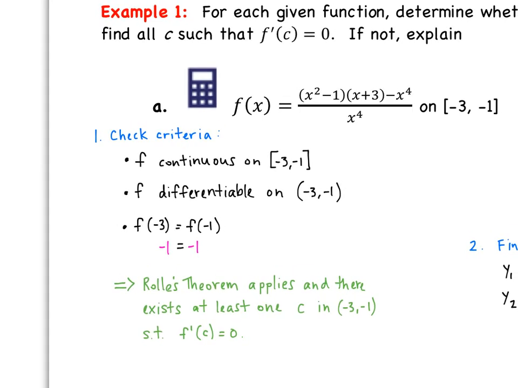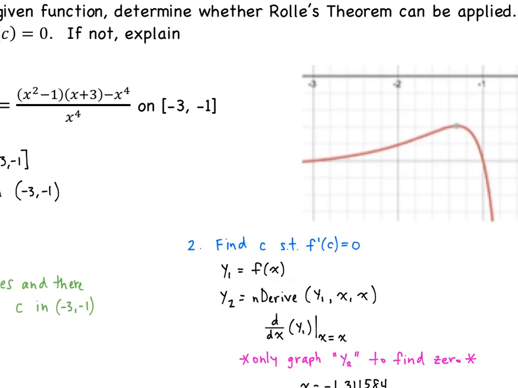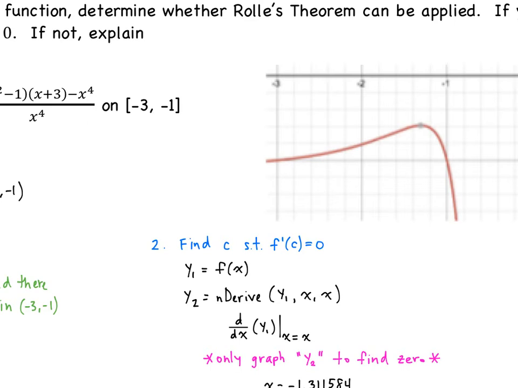We're given that function f of x, and our interval is -3 to -1. For the first criteria, we have to determine if f is continuous on -3 to -1. You could plug this into y1, or you can just look over here, and we should be able to see from -3 to -1, we are continuous.